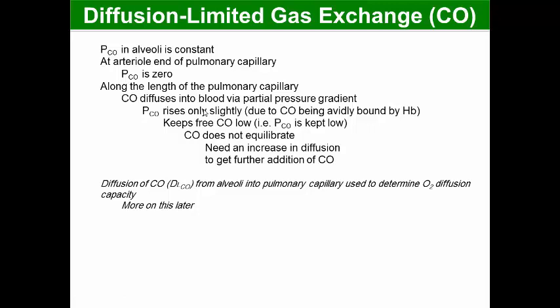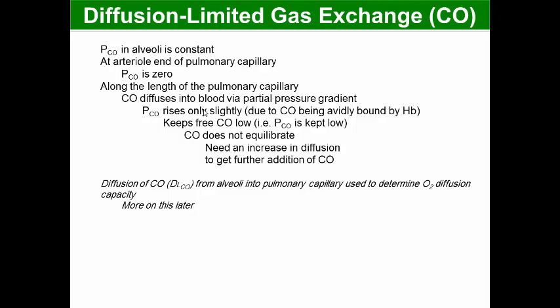Why? Because carbon monoxide binds very strongly to hemoglobin. So its partial pressure in the plasma doesn't rise much. It rises only very slightly. So even by the end of the pulmonary capillary, the partial pressure of carbon monoxide would not have reached the partial pressure of carbon monoxide in the alveolar air.